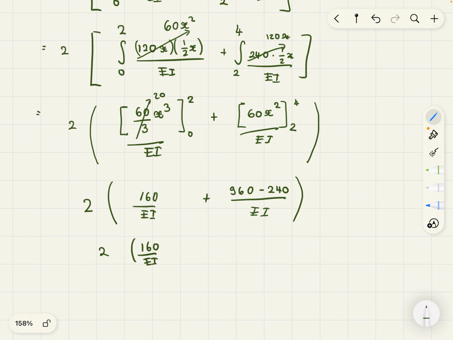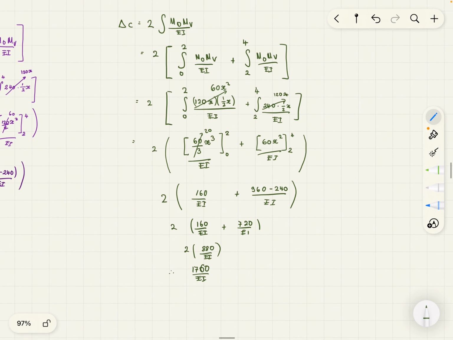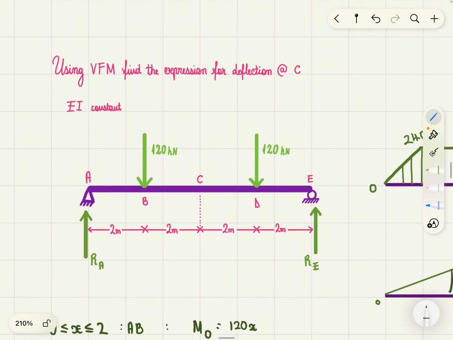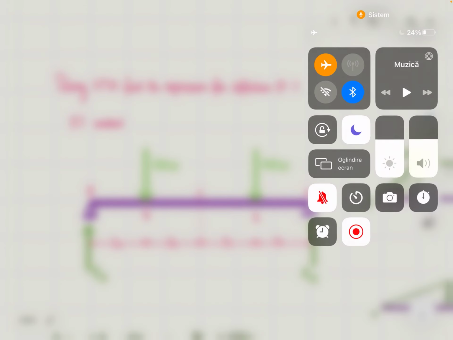Simplifying further, two times 880 over EI. So the final form is 1760 over EI. This is the expression for the deflection at C.